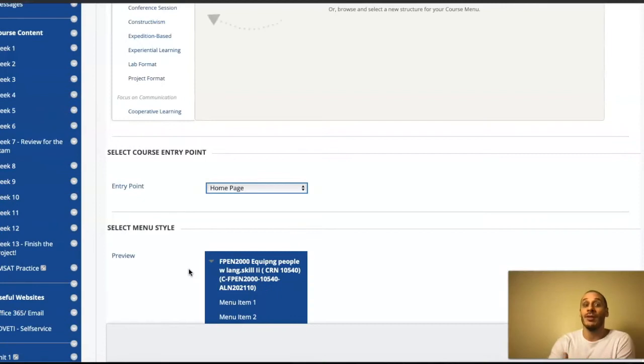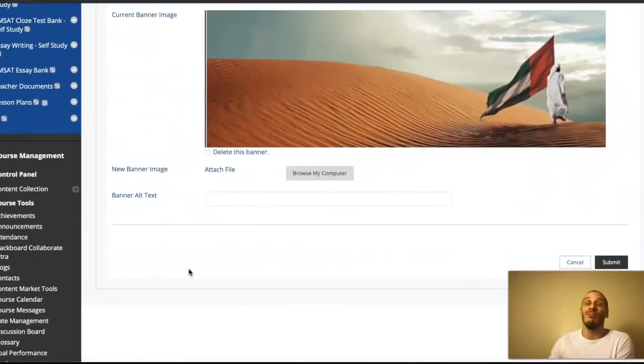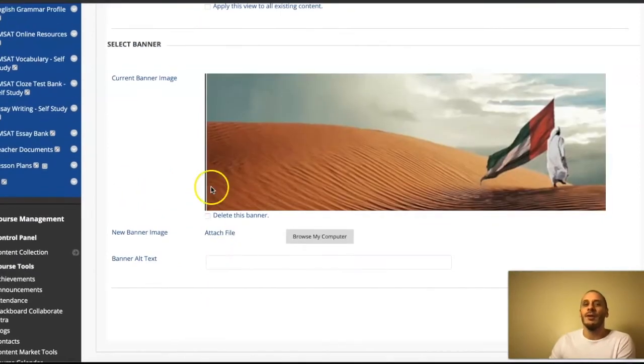If the picture's too big, it looks awful. If the picture's too small, it's also kind of awful. But select banner, new banner image, browse my computer, find the image you want to put. You'll have to figure out the sizing yourself because I weekly end up with pictures that are too big or pictures that are too small.